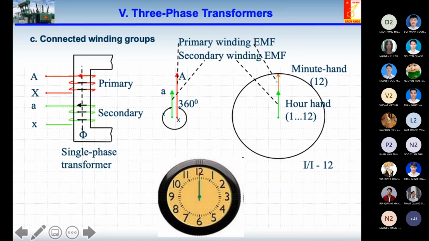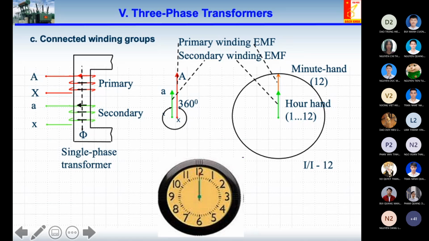If we keep the position of the primary winding and also the direction of its current, we get the direction of electromagnetic force of this winding like this. Now if we change the direction of this winding, the electromagnetic force of this winding is not like this. You can see the direction like this, for example.